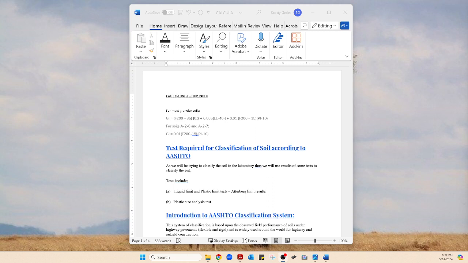It's going to have some givens, and in this case, it says an error. We'll go over this again before we do it. But it goes through the process of finding the percent passing, which is essential to the classification of soils and developing a grain size distribution curve from this example 2-1.